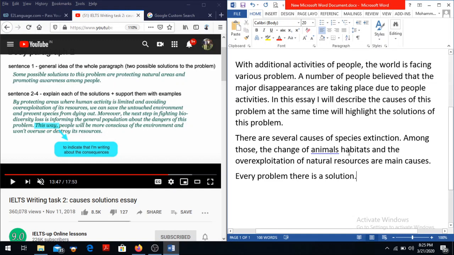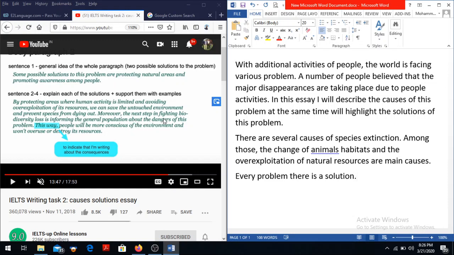Animal habitats are destroyed, over exploitation is done, so we have to protect the area. Basically we have to give the solution of the two problems that we described in body paragraph 1. So we can save untouched environment and prevent species from dying out.